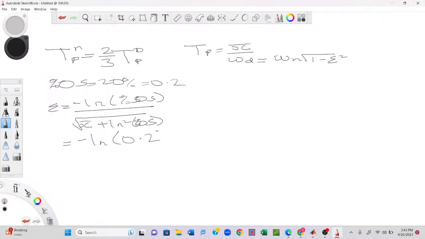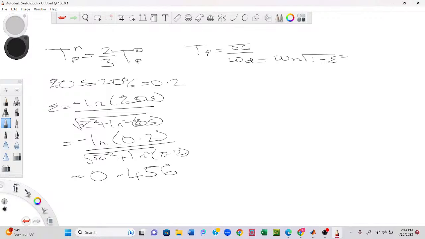Zeta comes out to 0.456. Zeta doesn't change irrespective of the peak time; it is constant.